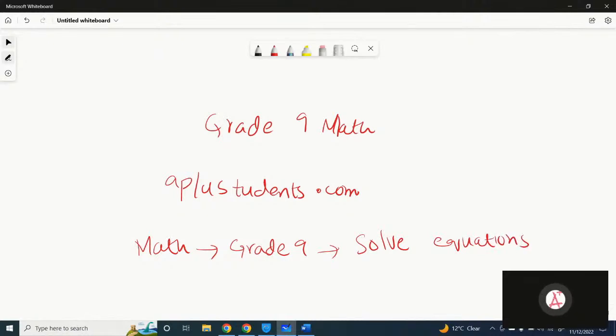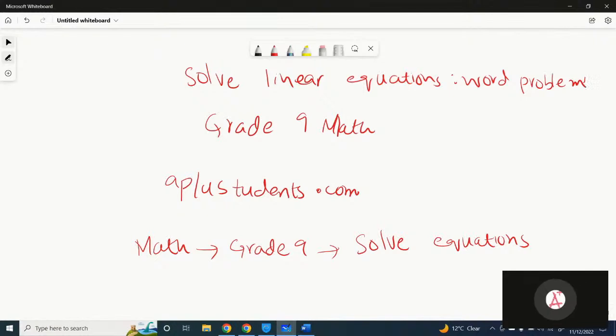So, we are already working on the chapter. Let's start with a topic that is solve linear equations word problems. So please make sure you have your notebook and pencil so that you can note down the important examples and definitions as well.